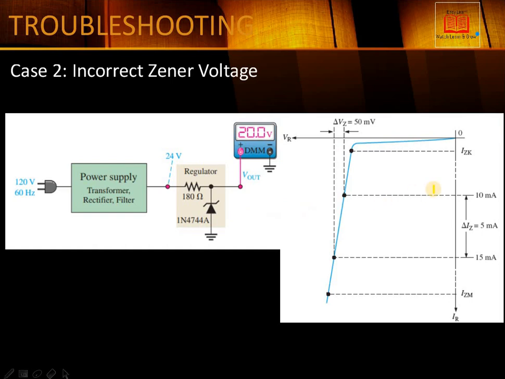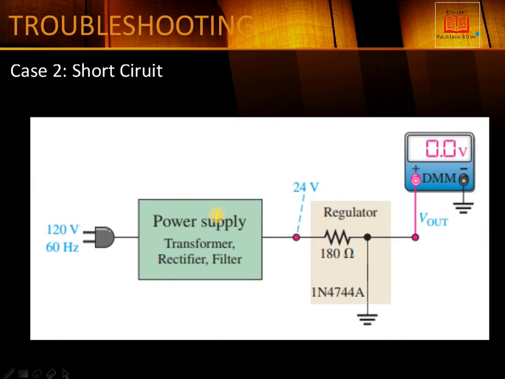If it is a 15 ohm internal resistance, it may be 20 ohm. So we have to select a higher impedance diode, and the graph should be like this for our case. So this is not basically a fault of the Zener diode, this is just the wrong selection. This is another incorrect Zener, and we can identify it.